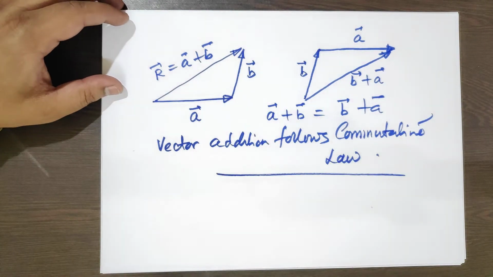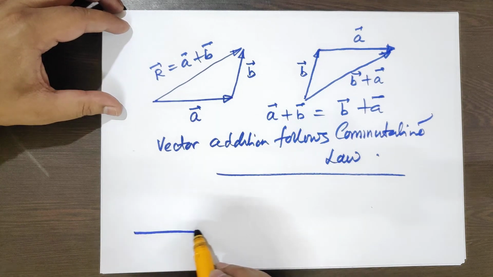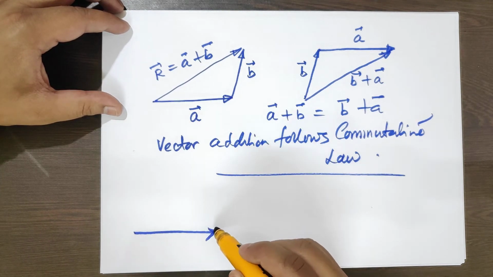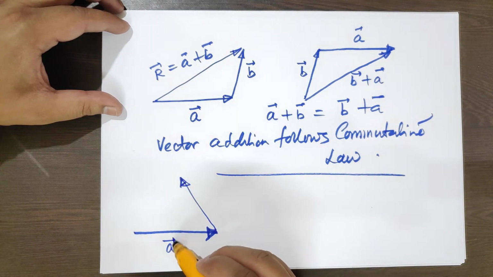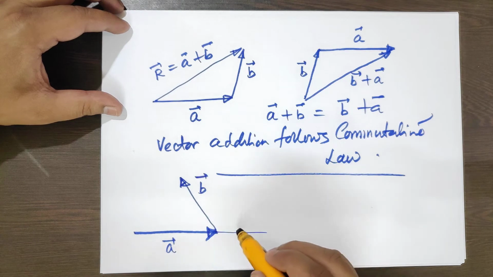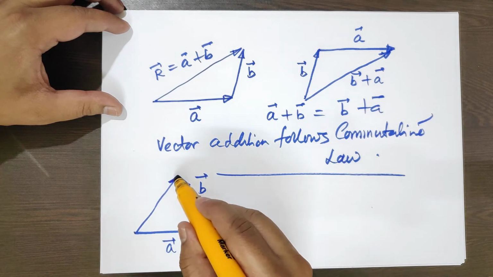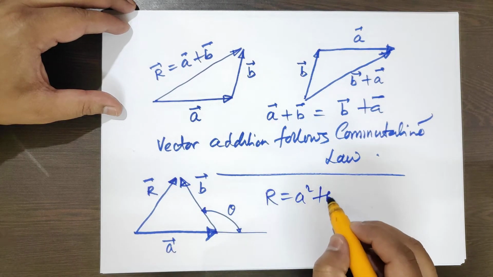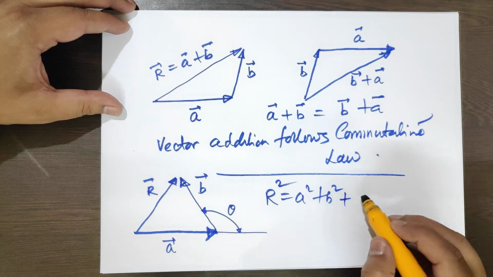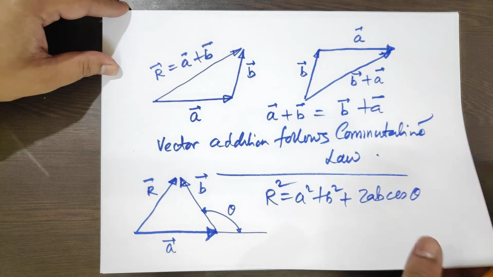Now if you apply the triangle law, in some cases you may get theta as an obtuse angle. So for A and B, this may be an obtuse angle theta, and you know the formula to find R: R equal to the square root of A square plus B square plus 2AB cos theta. For an obtuse angle, how to find sine and cos theta?